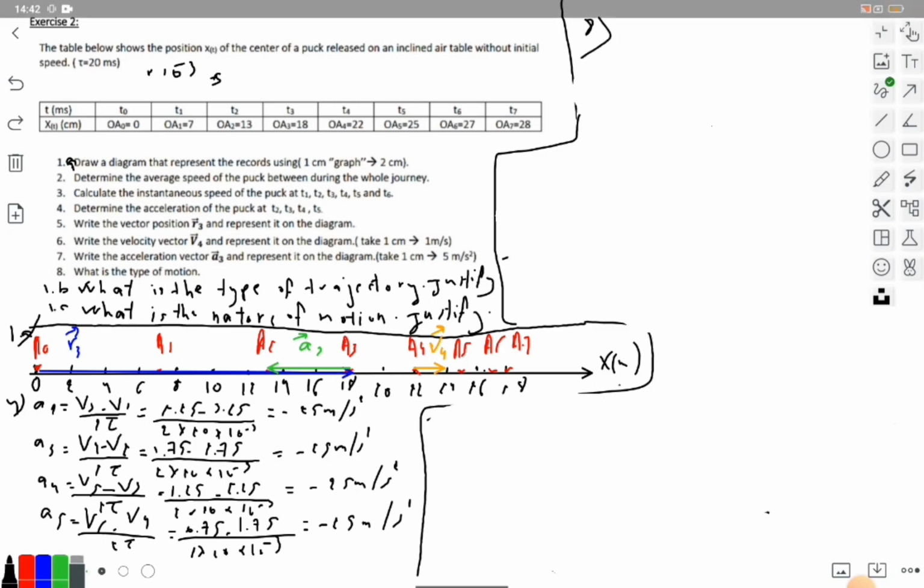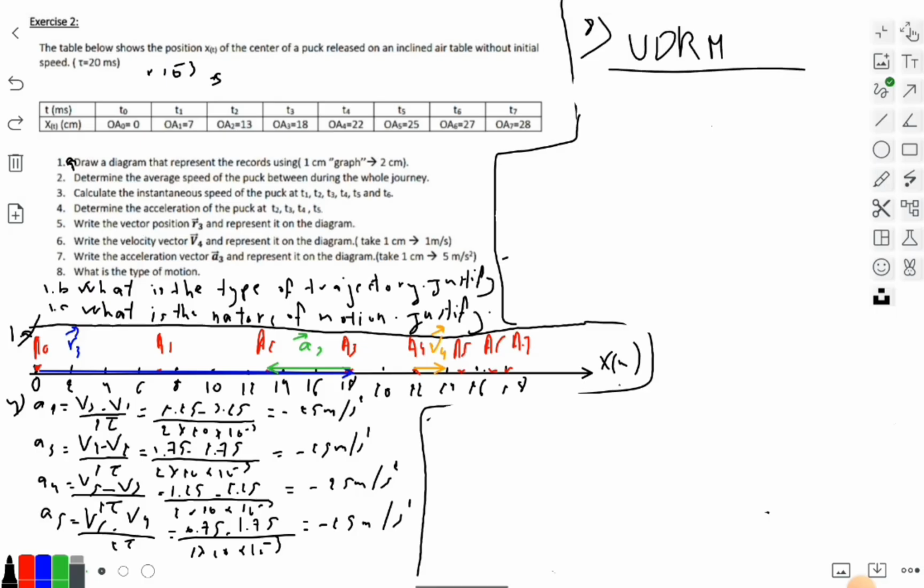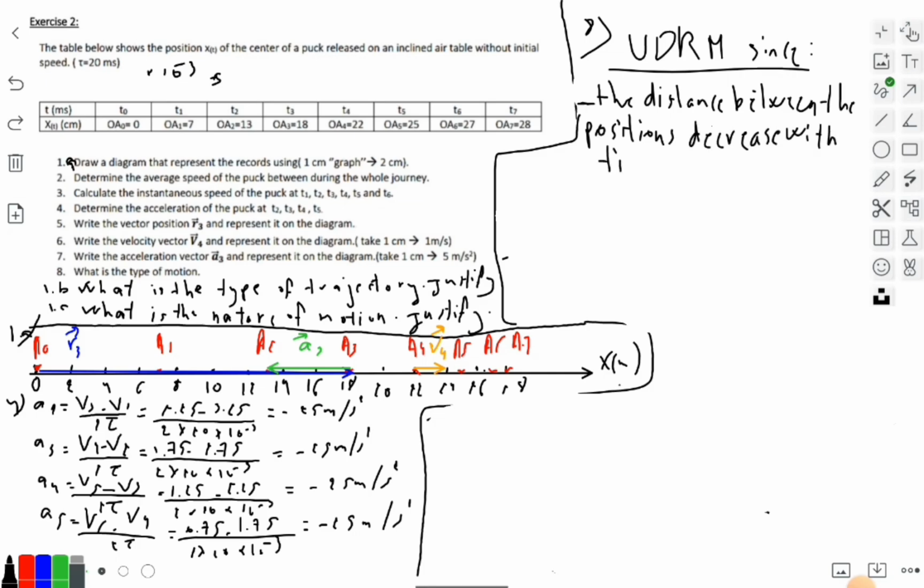A. What is the type of motion? Is it U, D, R, M, Y? Since first the distance between the positions decreases with time, and the velocity decreases with time.